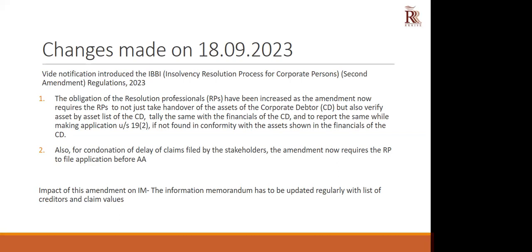Now the claims are allowed to be filed up till the approval of the resolution plan. So for the condonation of delay of claims filed by the stakeholders, the amendment now requires the RP to file an application before the AA, but you cannot just reject them on the basis of the delayed filing. What is the impact of this amendment on the IM and the responsibilities of the RP?